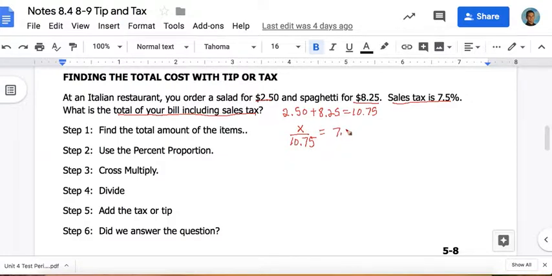And our percent is 7.5 over 100. So 100 times x is 100x. 7.5 times 10.75 is 80 and 625 thousandths. We can divide by 100.